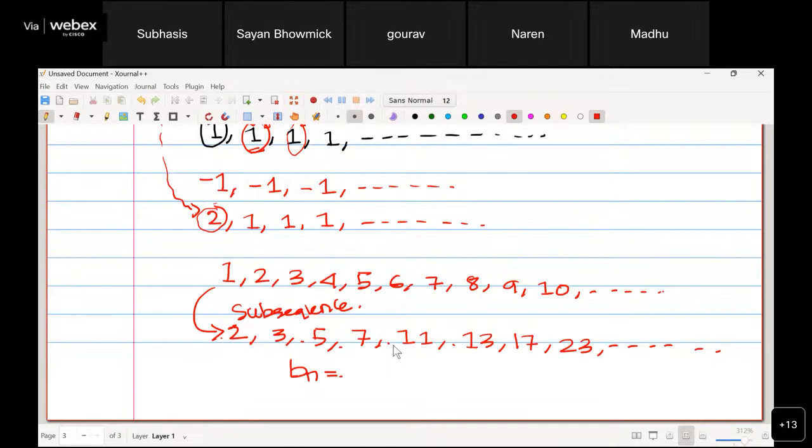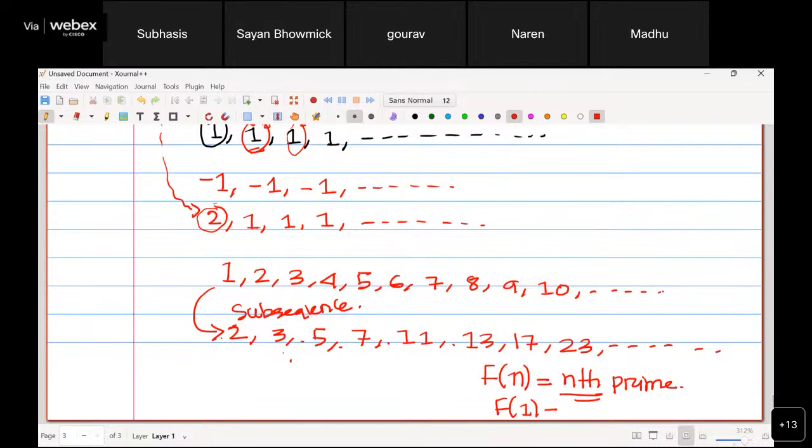For these examples of primes, what will be the function, sir? Basically, I'm taking f of n to be the nth prime, right? That means what is f of 1?